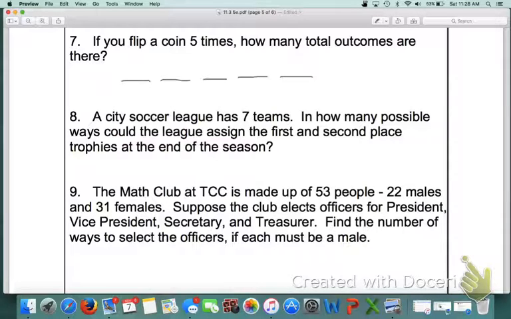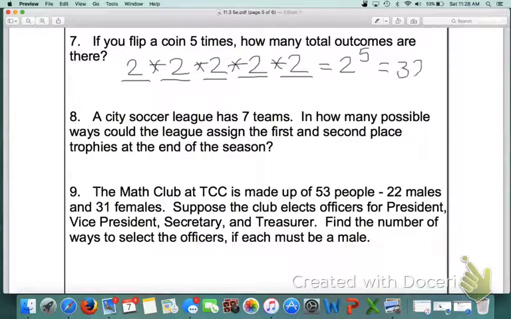And each of those times we have 2 options because it could be heads or tails. So we're going to want to use the fundamental counting principle in this case. And remember that all these 2's are going to be connected by multiplication. Okay. You can multiply out these 2's. Also remember that this is the same as 2 to the 5th. And we're going to find out that there are a total of 32 outcomes if you flip that coin 5 times.